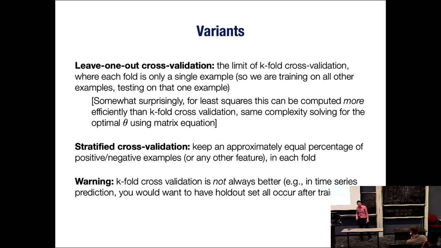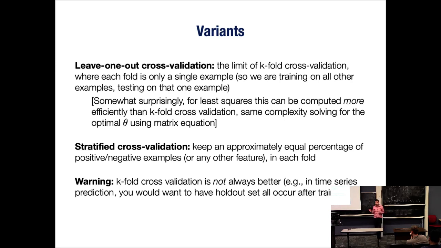Also, kind of surprisingly, this often ends up being not that good an idea. The problem here is that although in some sense you're doing the best thing, because I'm training on everything but one example and testing on that one example, my different classifiers only differ by two examples, right? When I train on all but one and all but another, those two problems have all but two examples in common.